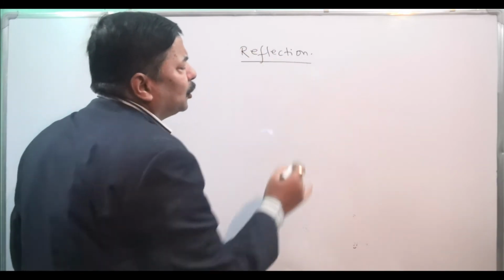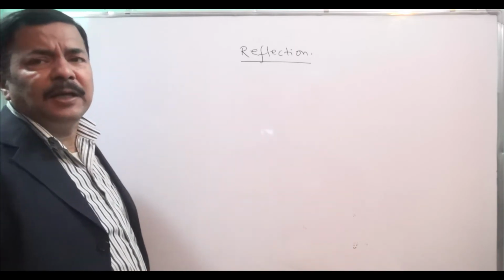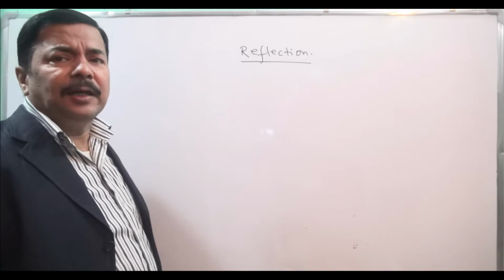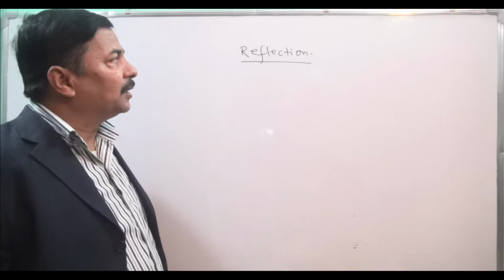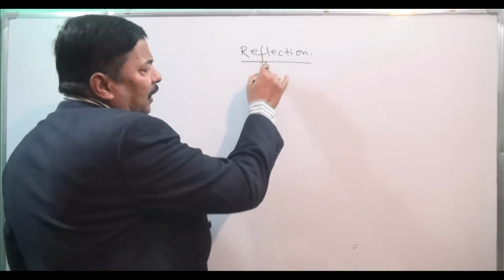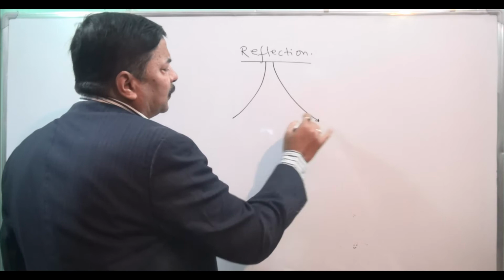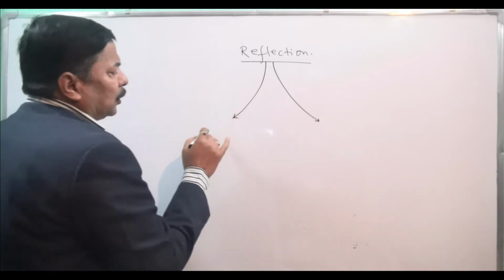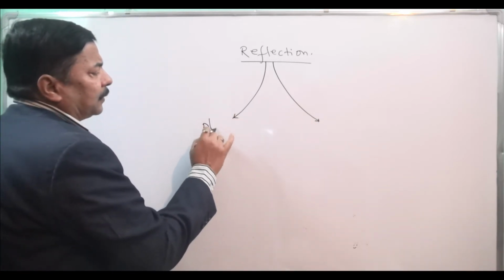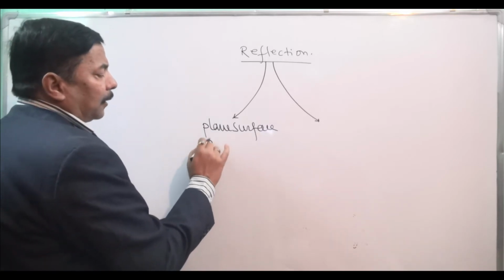You have read in your junior classes what is reflection. Reflection is basically the bouncing back of light into the same medium. The phenomenon is known as reflection. This study of reflection is also done under two headings. First heading is plane surface, that is, I am talking about plane mirror.